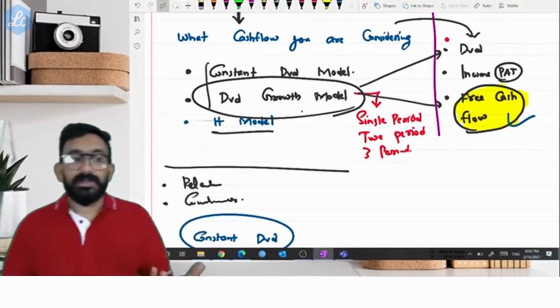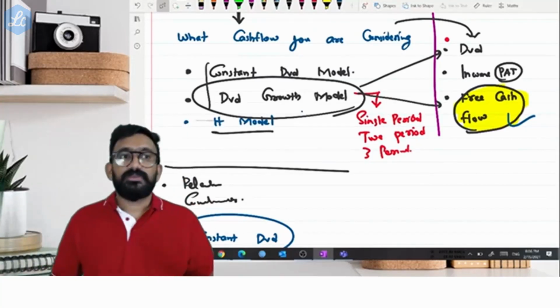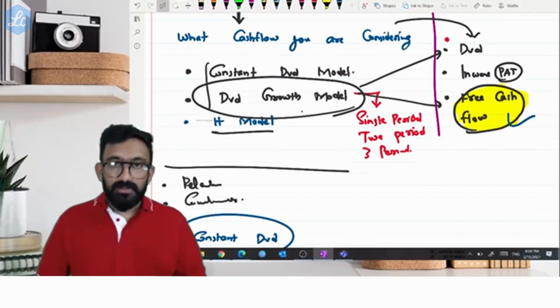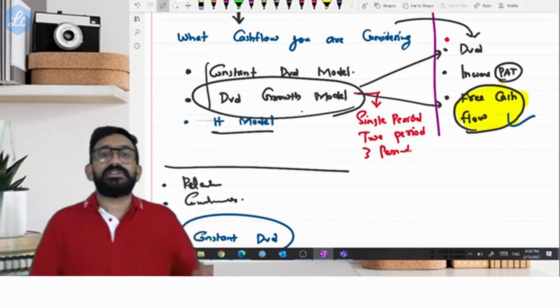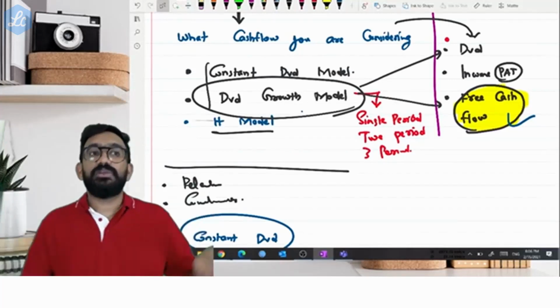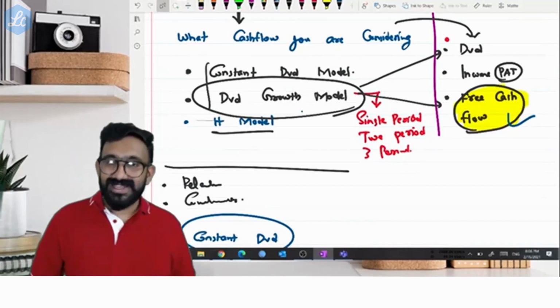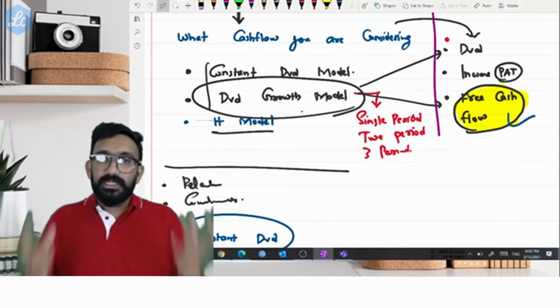Say there are two companies making the same operating profits, but they have two different types of depreciation. The net profit can be different and the value will be different if you're taking net profit as your cash flow. Are you understanding? Thereby, the income approach is not very common.